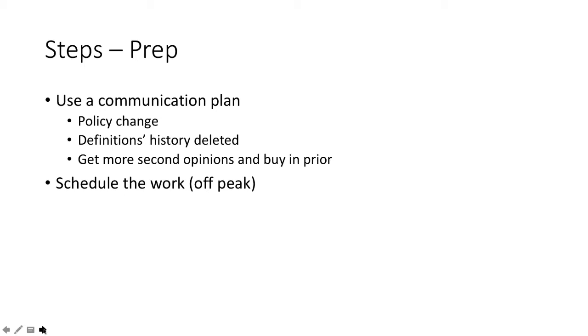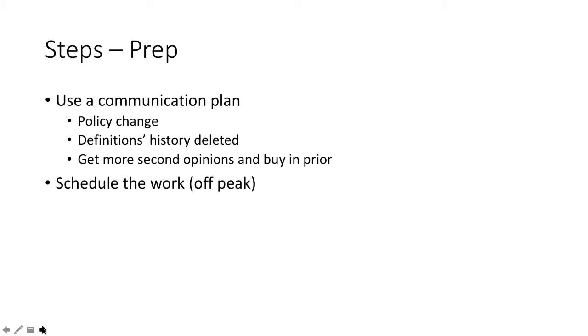In order to get definitions, the currently approved definitions, to take advantage of the new workflow, you're going to have to do an export, deletion, and re-import. And that's going to wipe out any history on those previous definitions.